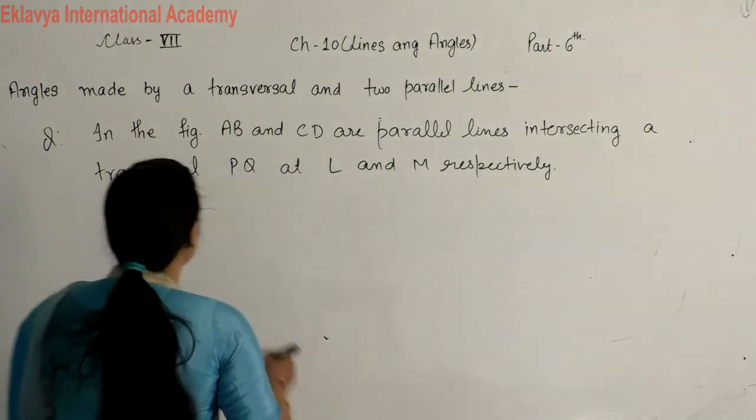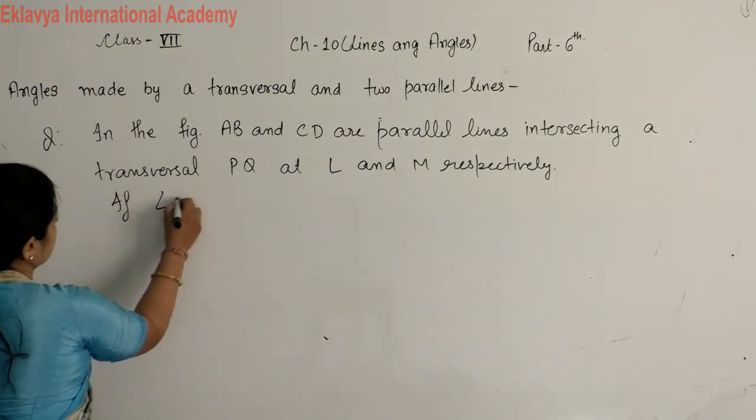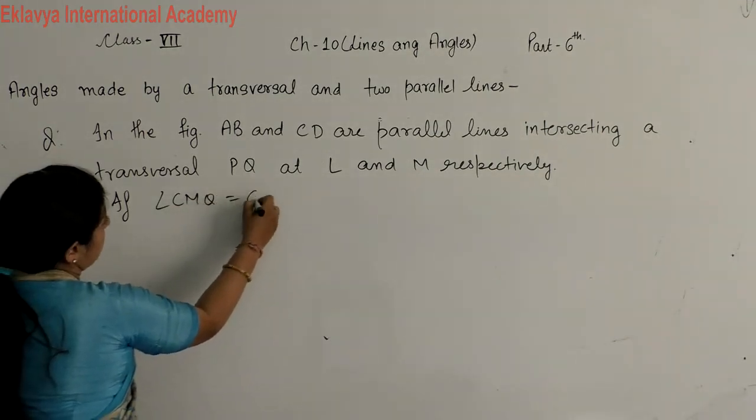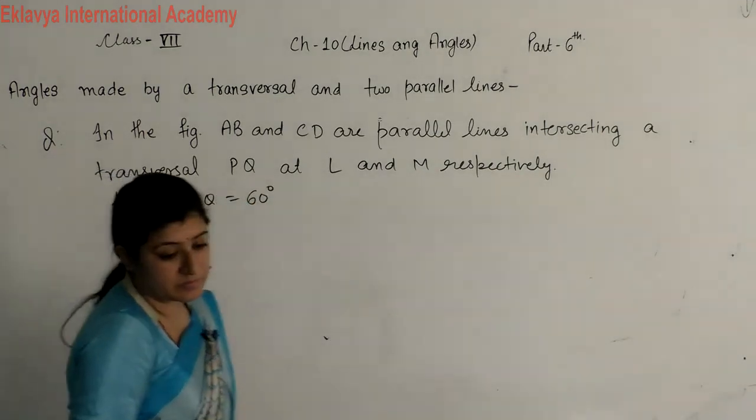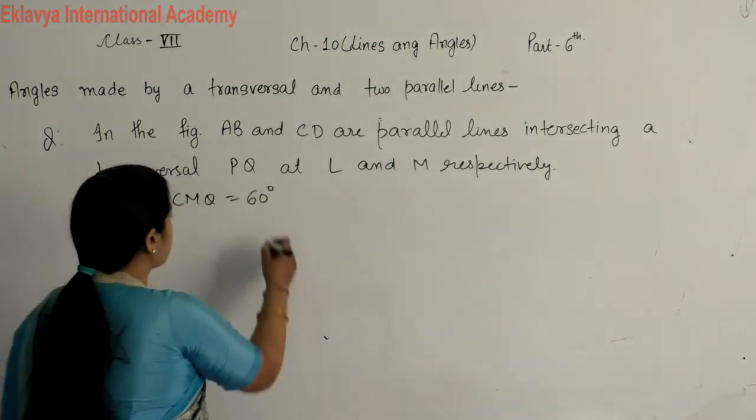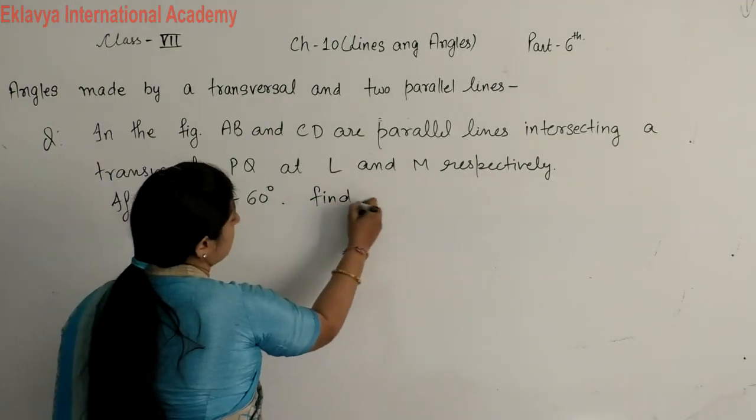If CMQ is equal to 60 degree, find all other angles in the figure.